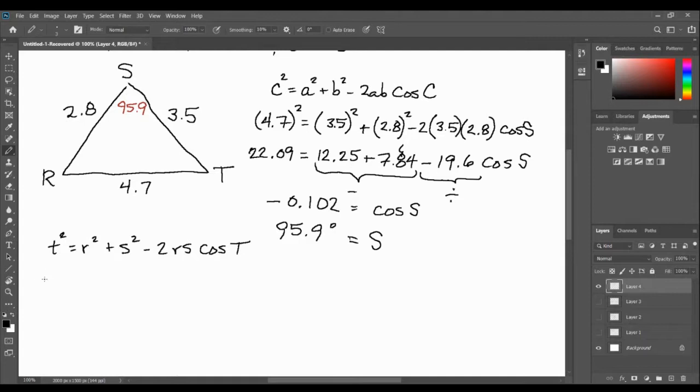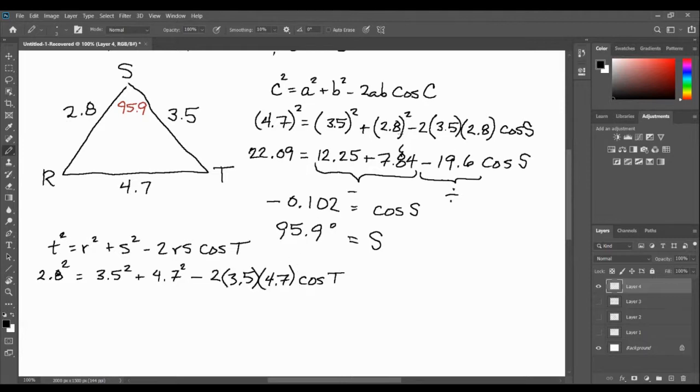So we've got 2.8 squared equals 3.5 squared plus 4.7 squared minus 2 times 3.5 times 4.7 cosine t.